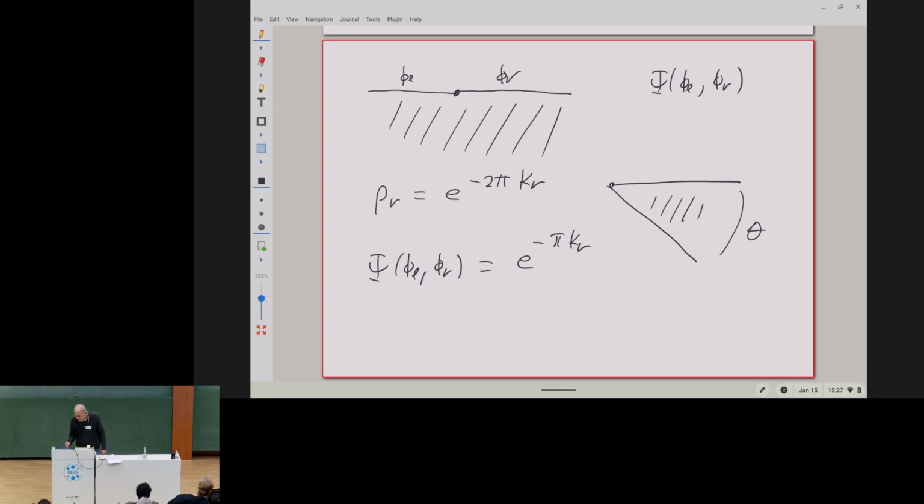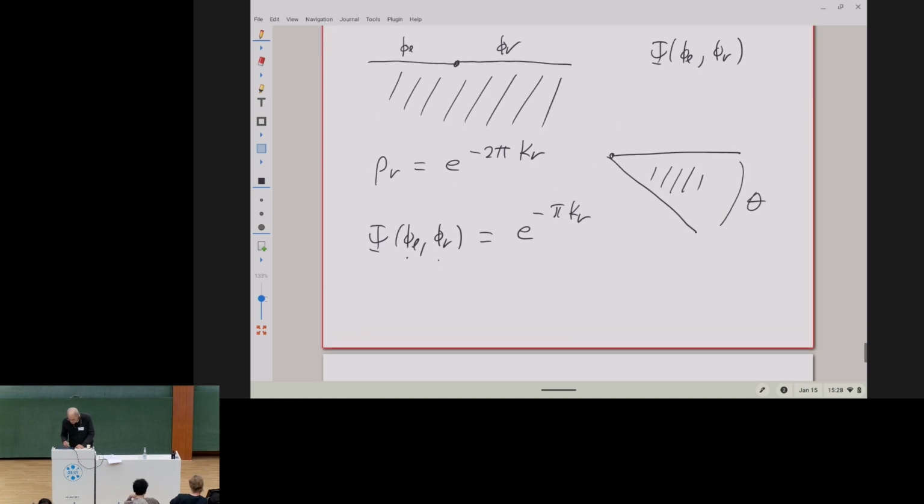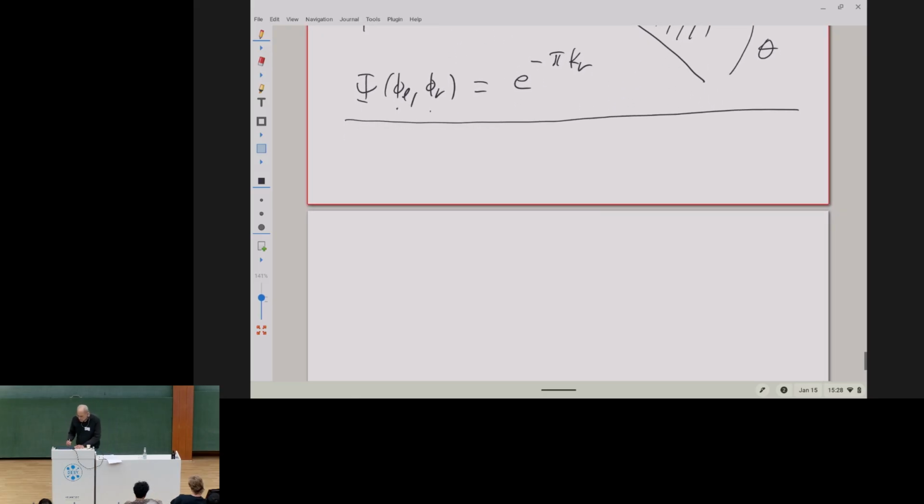We take phi left and rotate through an angle pi, and at the other end we have phi right, and that path integral computes the integral kernel of the operator e to the minus pi kr as a function of phi left and phi right. However, this has another important interpretation, which is that what we're constructing is called the thermofield double.